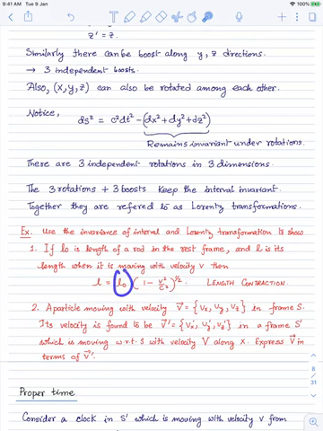So the length is maximum in the frame where it is at rest, and if it is moving, it appears smaller, and that's why we call this length contraction.